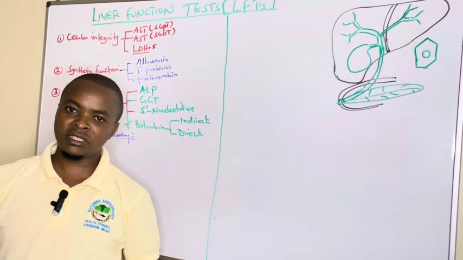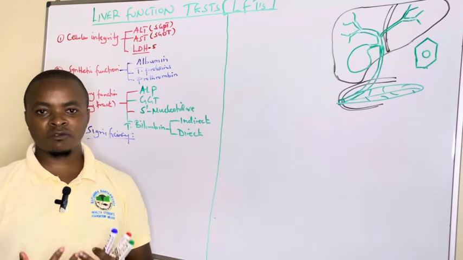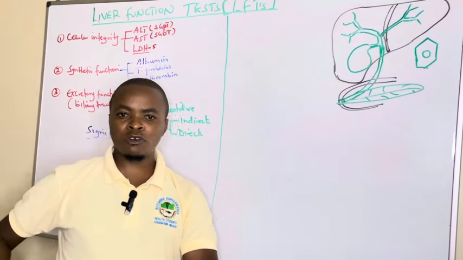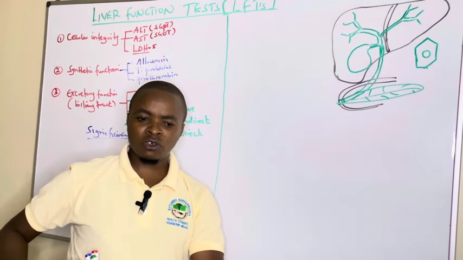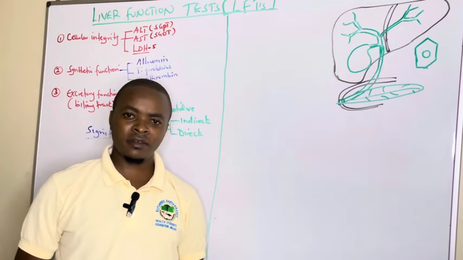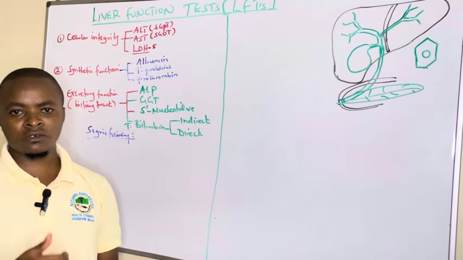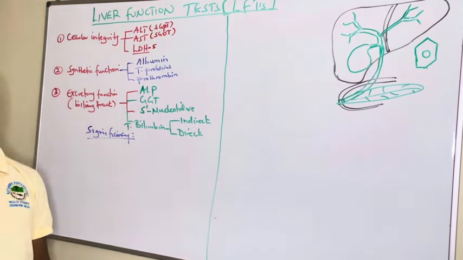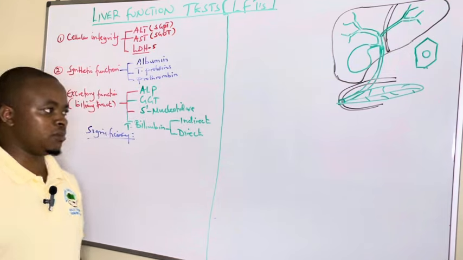That is what we call pitting edema. Then we have talked about ascites, yellowing, and even sometimes right abdominal pain. So you can always request these tests. And also, we do them to monitor patients on some treatment.